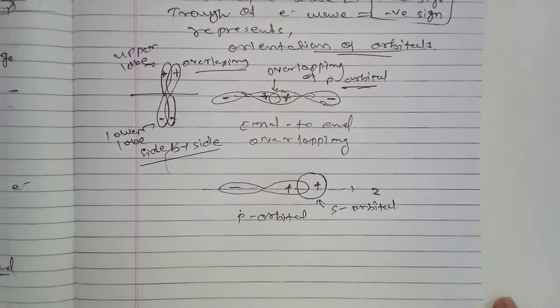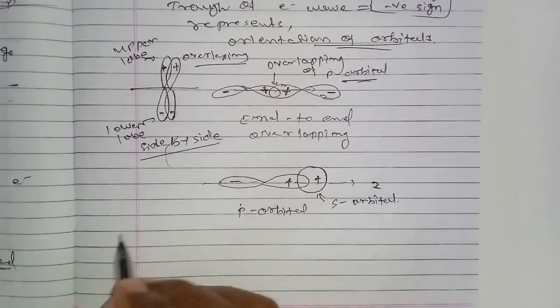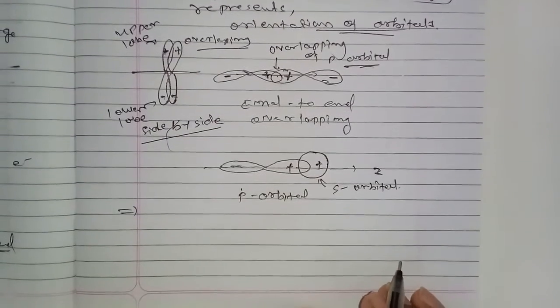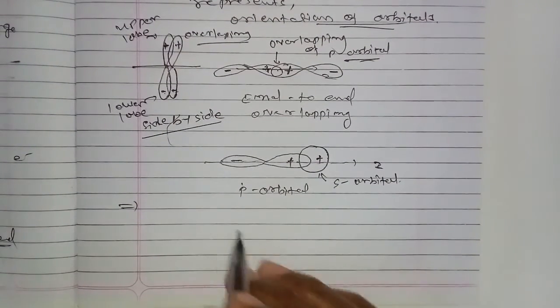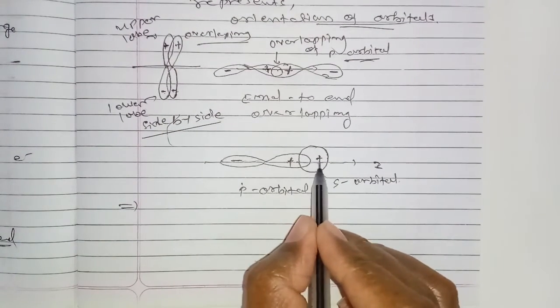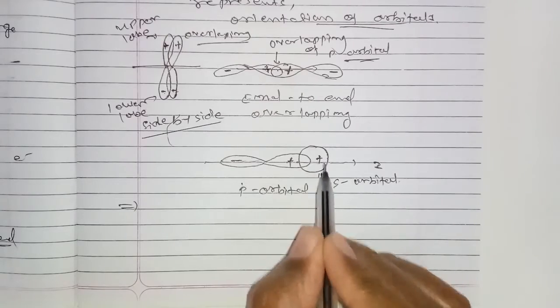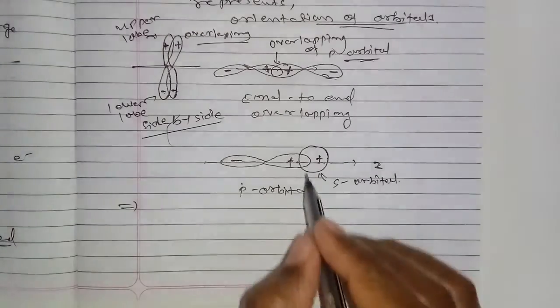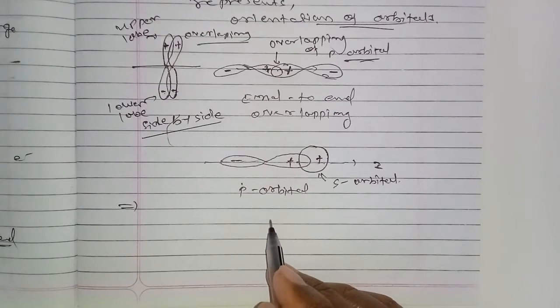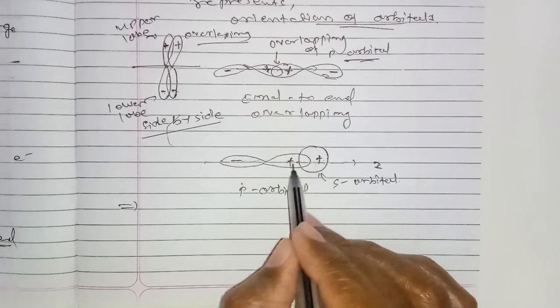So this kind of overlapping may be positive, negative, or zero, depending upon the sign.